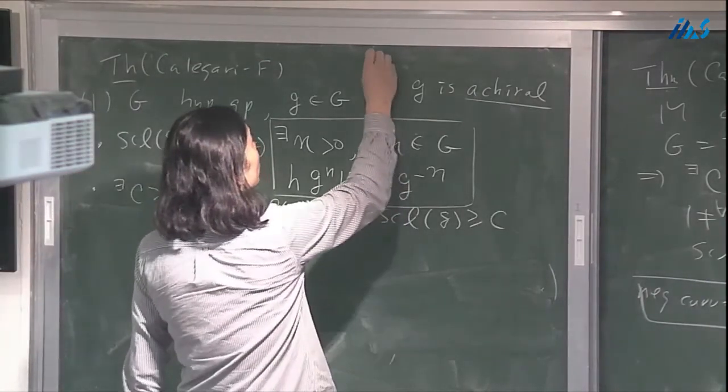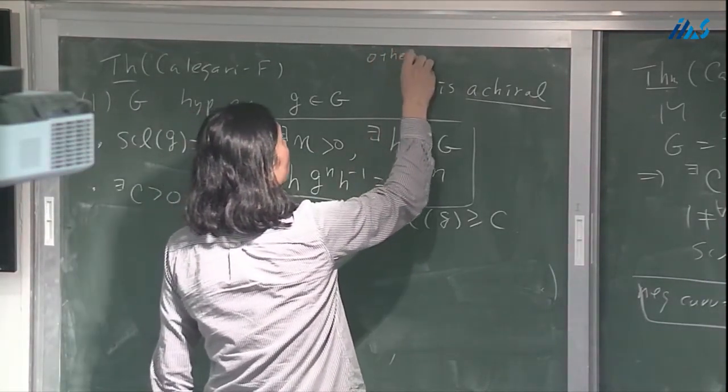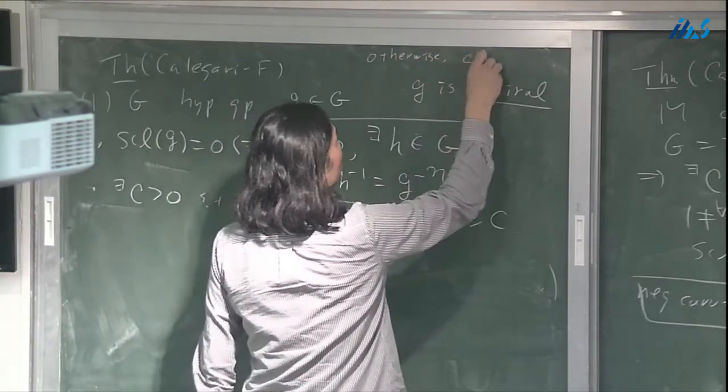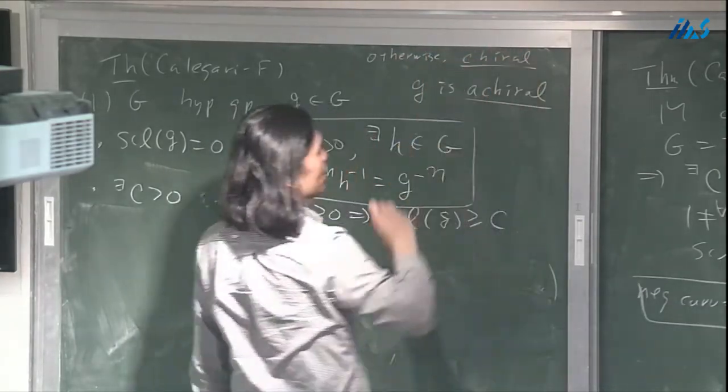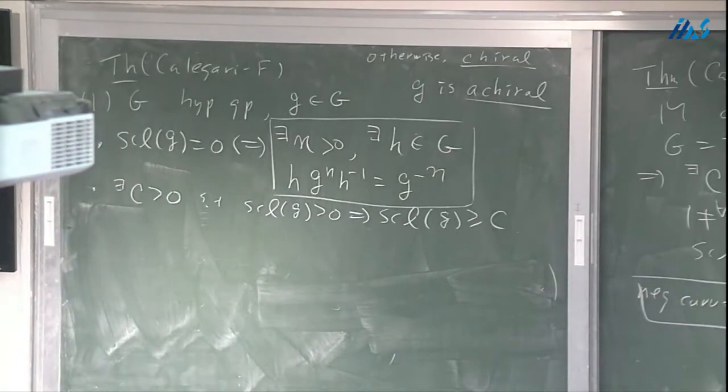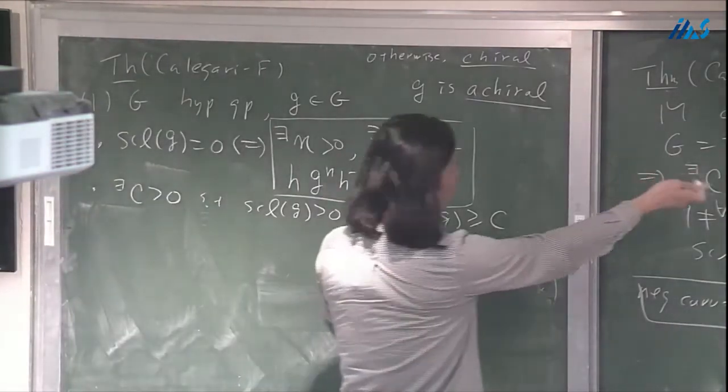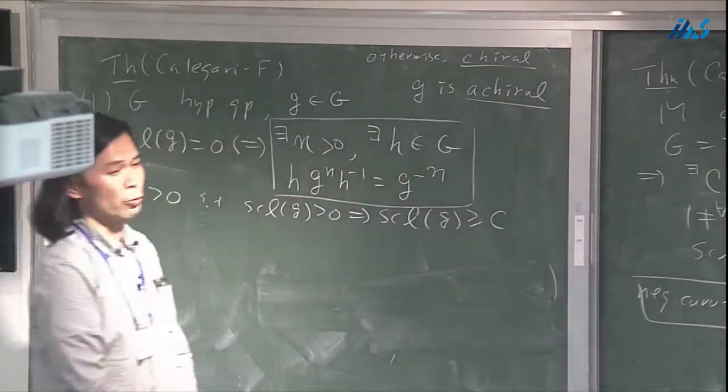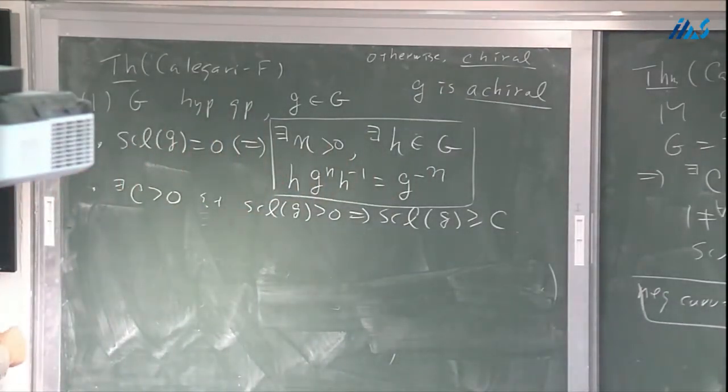Otherwise we call it chiral. We just introduced this terminology. So in other words, in a hyperbolic manifold, any non-trivial element is chiral.